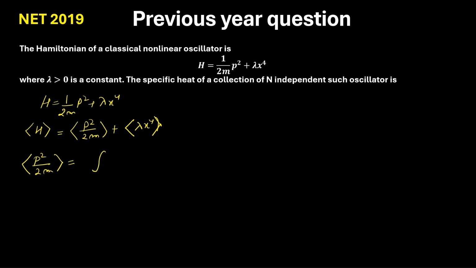So this will be equal to integration of p square by 2m into the probability distribution, so p square by 2m, e to the power minus p square beta by 2m dp, divided by the partition function. So it will be integration of e to the power minus p square beta by 2m dp.